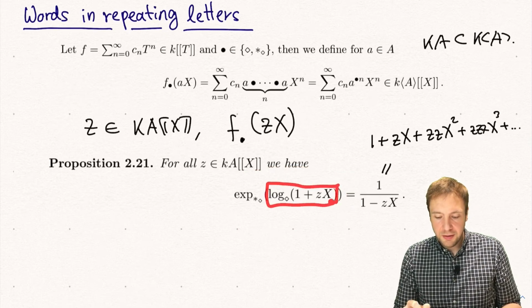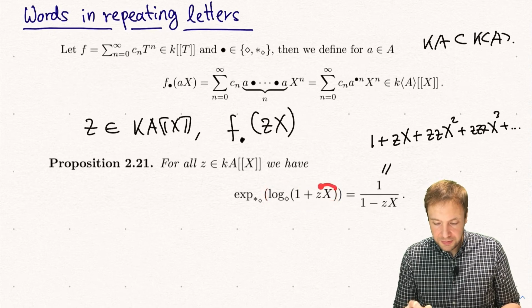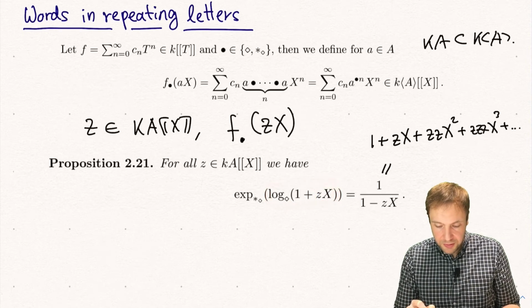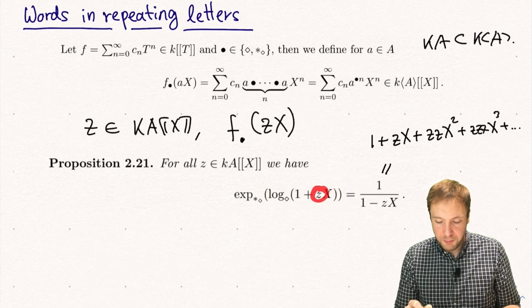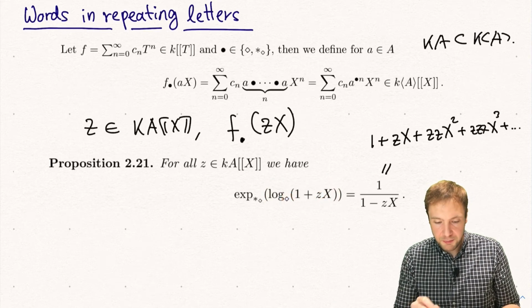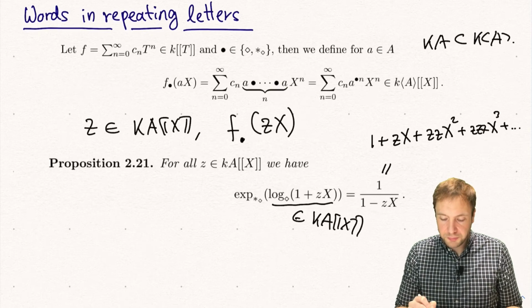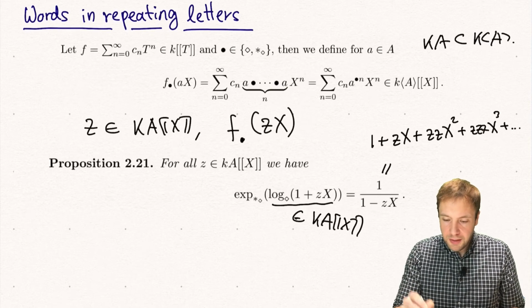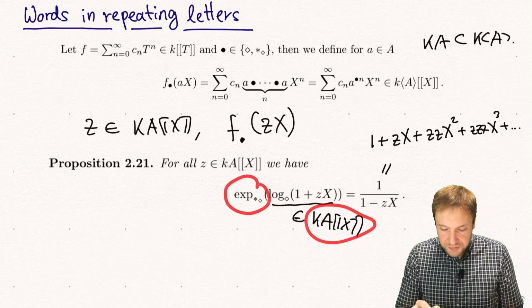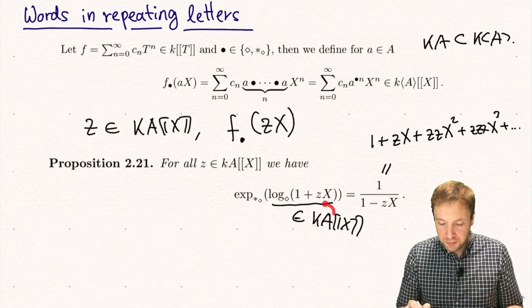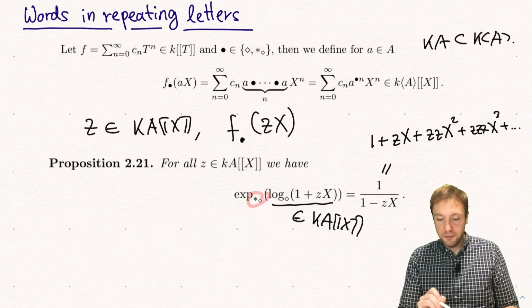We plug z x into the power series defined by this logarithm, and the powers of z are evaluated by the diamond product. So this thing is an element in K A x, and we can plug this into the exponential power series, where we evaluate the coefficients using the quasi-shuffle product.